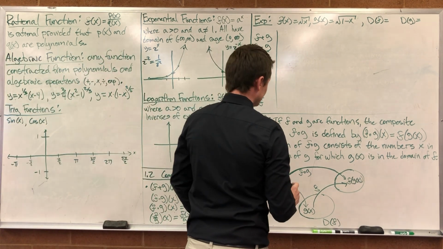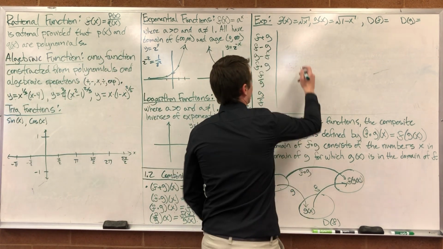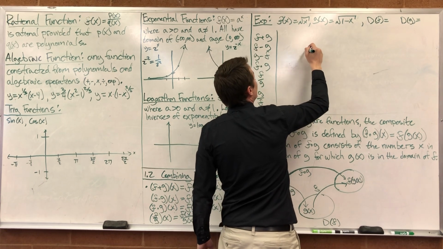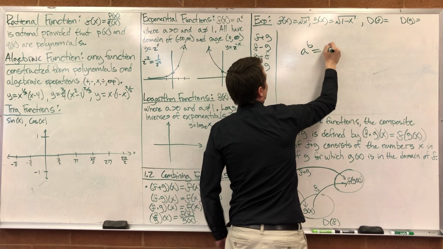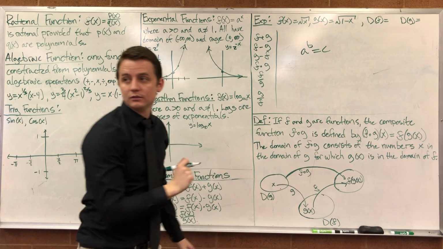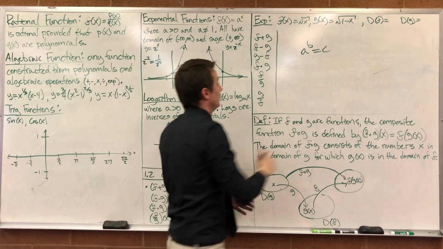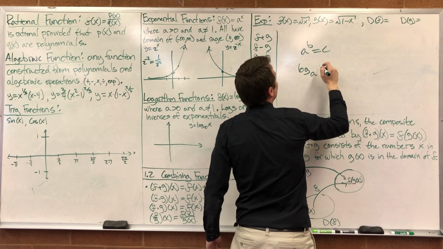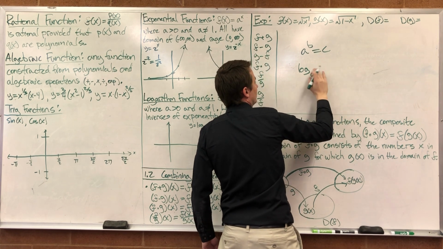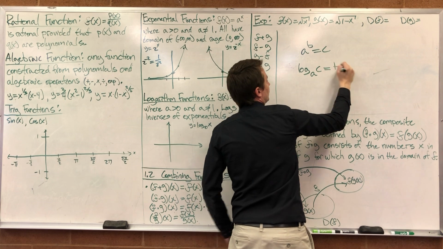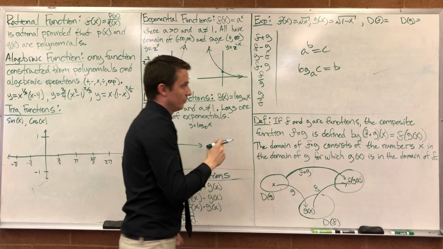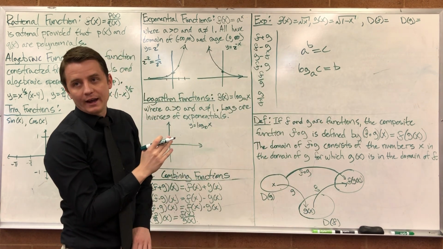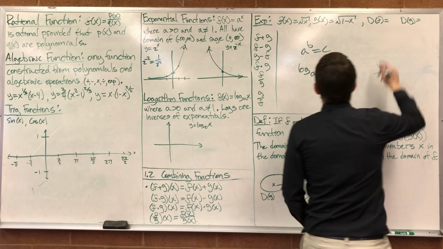All right, so let's write our 2 equations. If I have a to the power of b is equal to c, then when we do log of c, we get b. So let me write actual numbers.